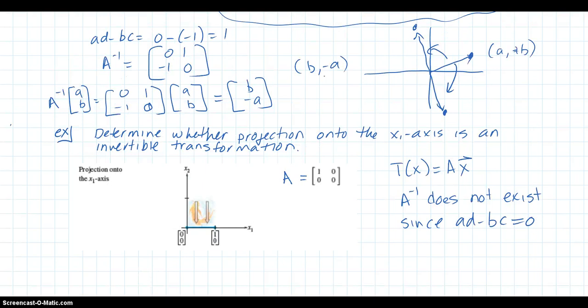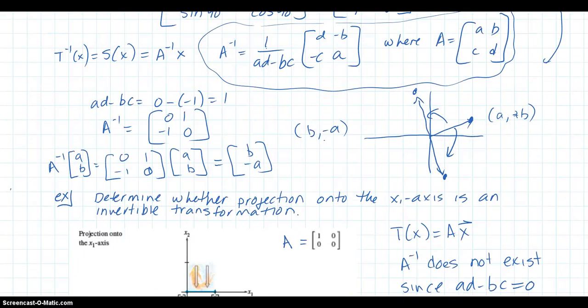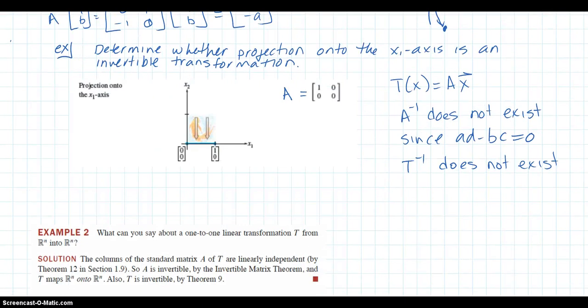Why? Because if you look at ad minus bc, it's equal to 0. Therefore, T inverse, by our theorem, does not exist. It is not invertible. That theorem right there: T is invertible if and only if A, our standard matrix, is invertible.